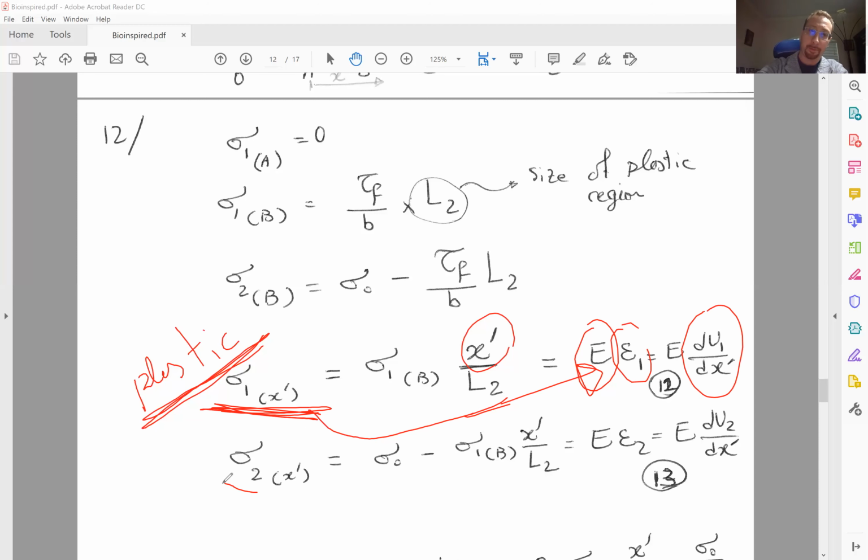I can do a very similar argument for sigma 2. Here, the variation of sigma 2 with x prime is linear, but with a negative slope, because the direction of tau is the other side.